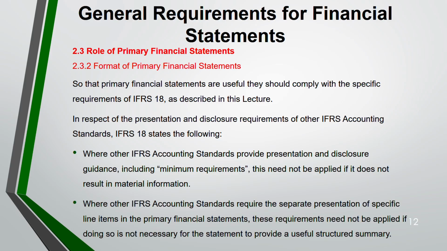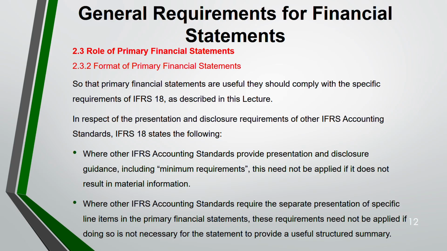Next, if your other IFRS accounting standards require a separate presentation of specific line items in your primary financial statement, then these requirements need not be applied if doing so is not necessary for the statement to provide a useful structured summary. So if you are thinking that if you provide that information it is not giving a useful summary, then you should not go ahead with the standards' rules.